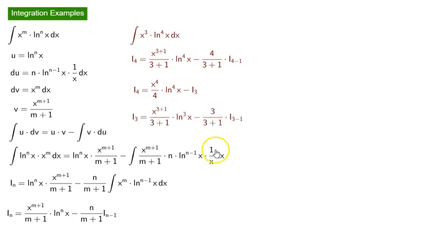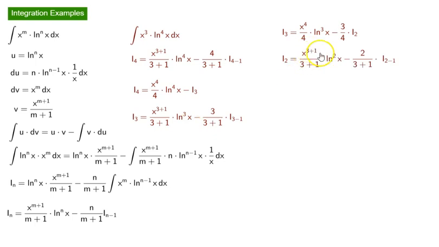Now we repeat this exercise. I sub 3 is equal to x to the power of 3 plus 1 by 3 plus 1 times natural log to the power of 3 of x minus 3 by 3 plus 1 times I sub 3 minus 1. Simplifying it, we get I sub 3 is equal to x to the power of 4 by 4 times natural log cube x minus 3 by 4 times I2.